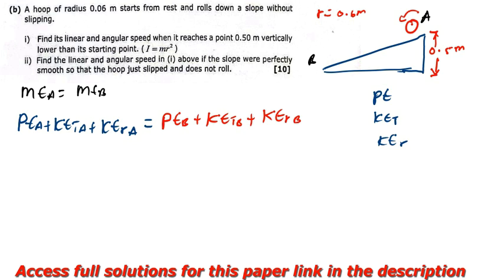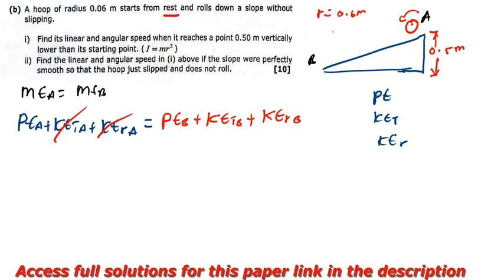The question says it started from rest, meaning at this point the velocity was zero. If the velocity is zero, I don't expect to have kinetic energy at point A. So the kinetic energy will be cancelled out because kinetic energy depends on the velocity.